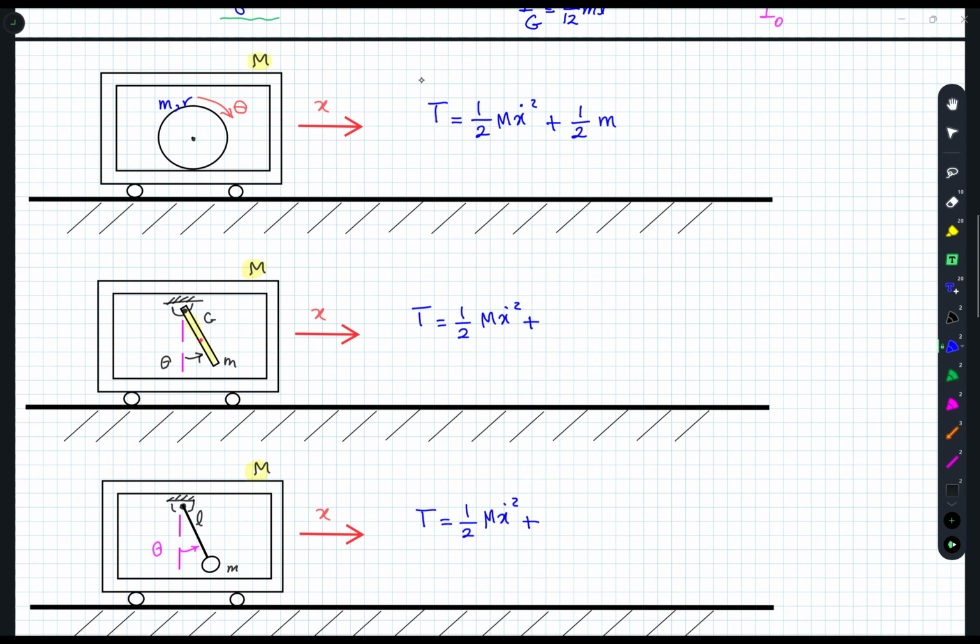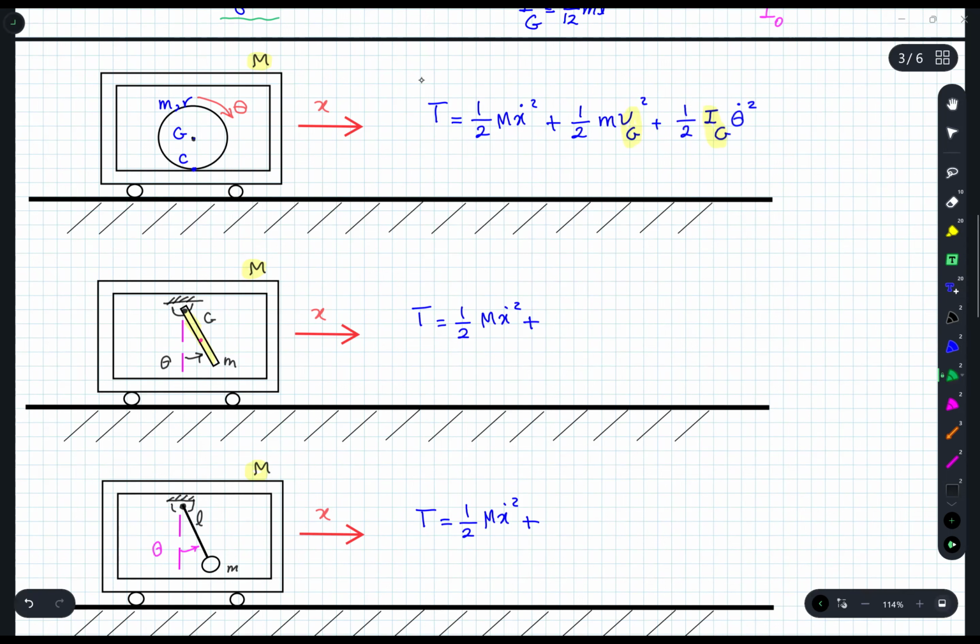Half of m, and then, let's call its centroid G, Vg squared plus half of Ig theta dot squared. Be very careful. This is Ig and this is Vg, right? We do not write it with respect to point C because now point C is not on the ground. It's part of the cart and it moves actually.